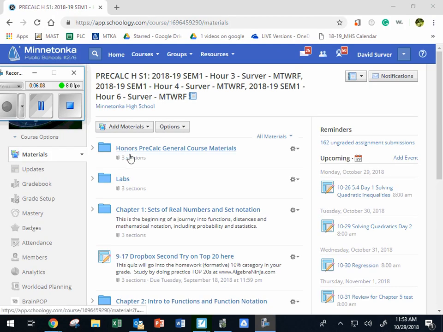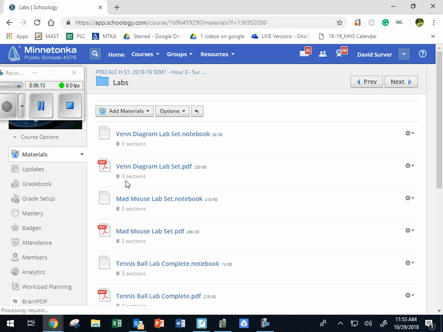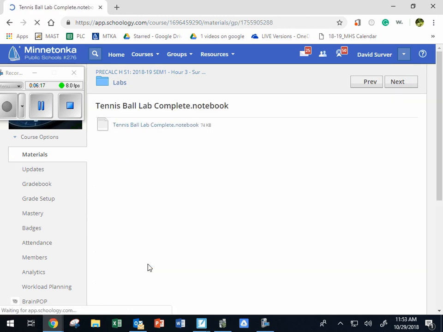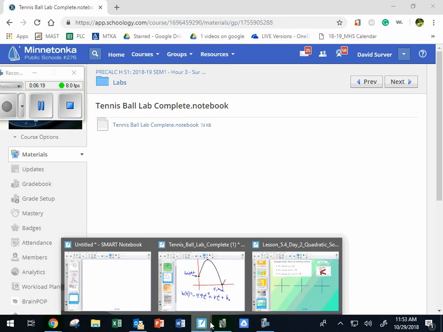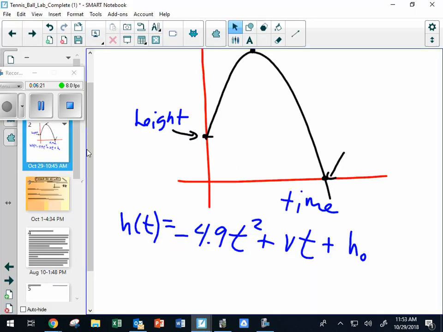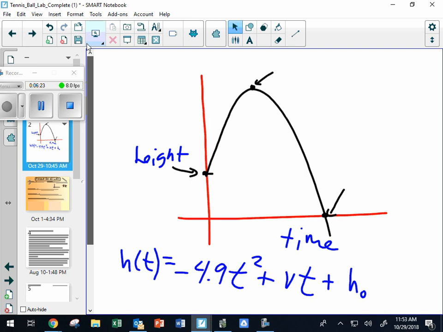I'll show you where it is. So here we are in Schoology, in this folder called Labs. Inside there you will find the tennis ball lab complete. And when I say complete, it's complete as in it's got all the parts that you would need.